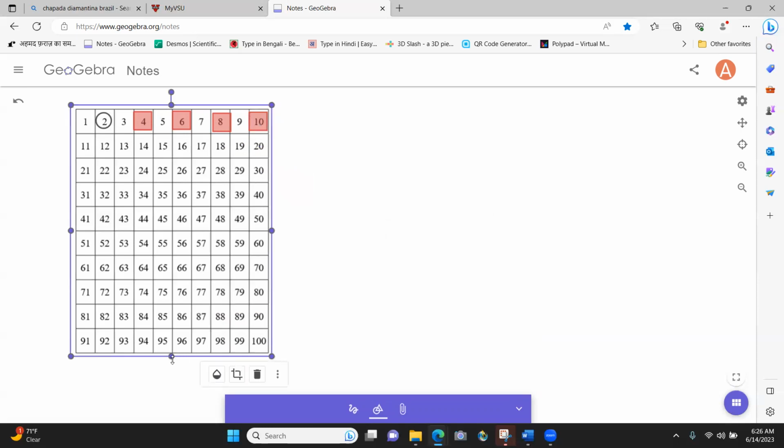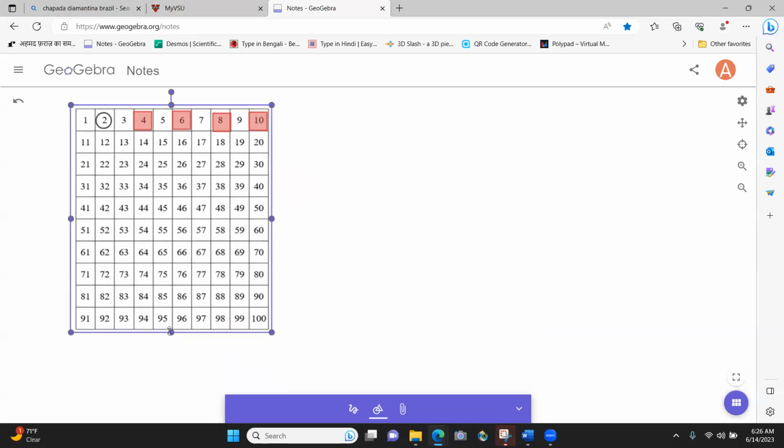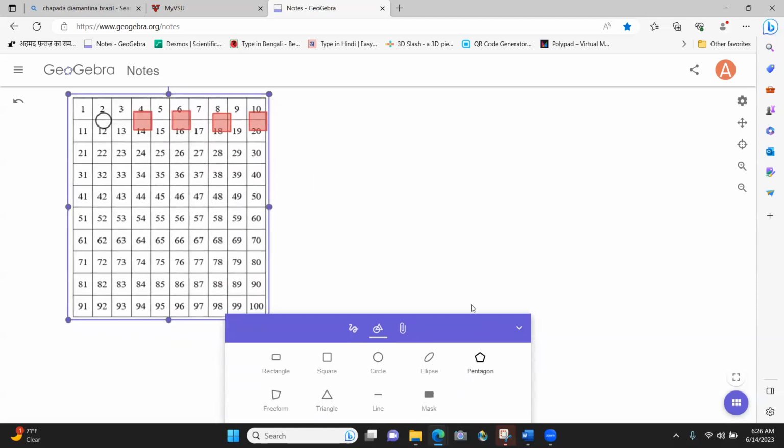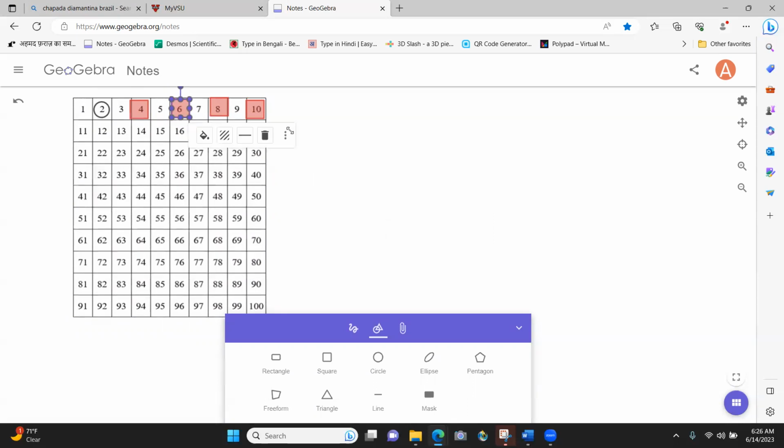I have to do one more thing. Okay, so again, two is a prime, and these guys are not primes. They cannot be because they're divisible by two. Cross out all the multiples of two.